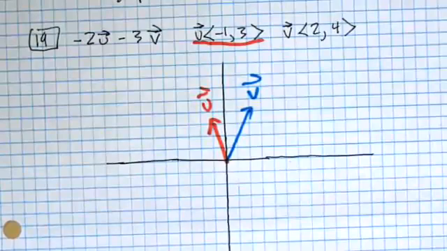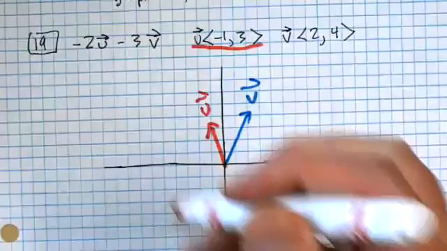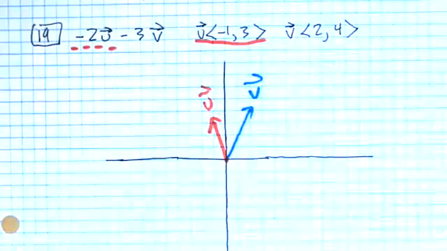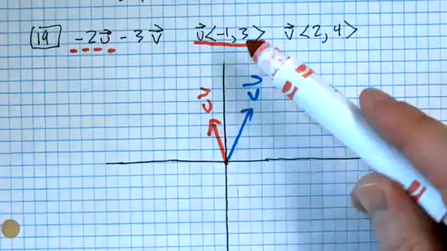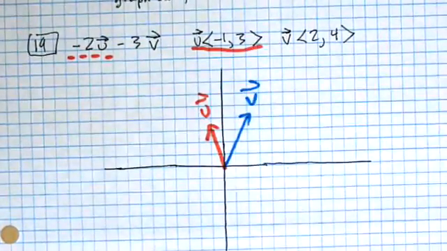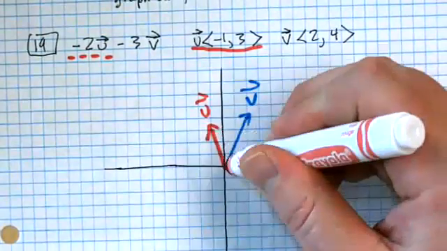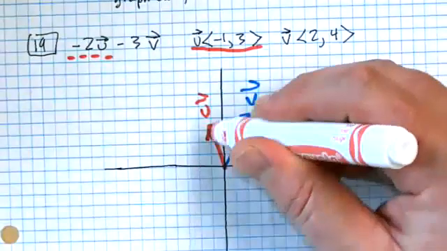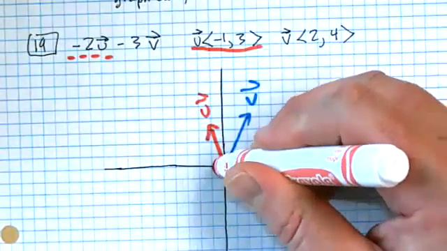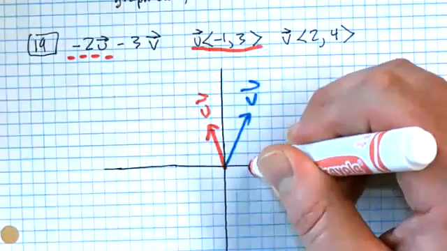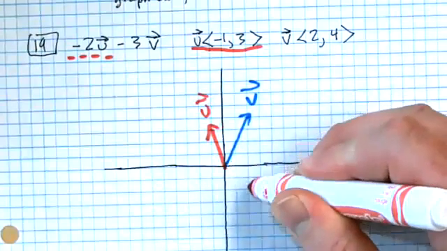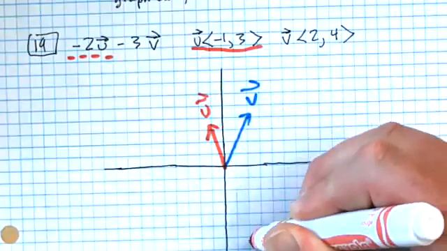So I'm actually going to next do negative 2u. I'm going to do the opposite and multiply everything by 2. So you went to the left and up, I'm going to go to the right and down. You went 1 to the left, I need to go 2 to the right. It went 3 up, I'm going to go 6 down. So 1, 2, 3, 4, 5, 6.